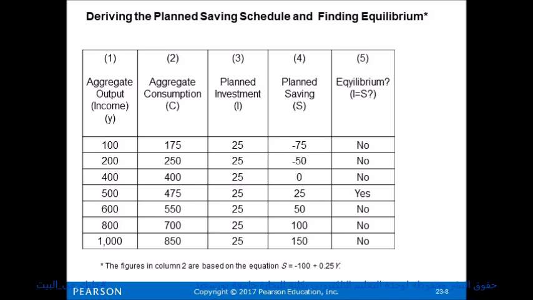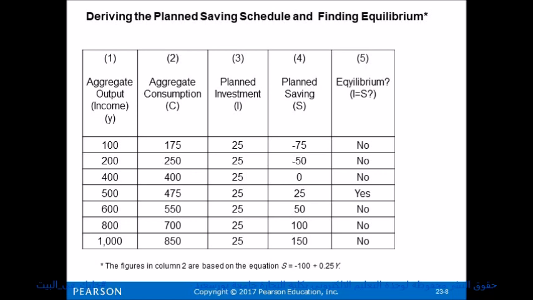And as you know, this is the equilibrium condition required to be satisfied in order for equilibrium to occur. So at an income level of 500, we see that S equals I, simply 25 equals 25. According to this, the equilibrium level of income is 500.